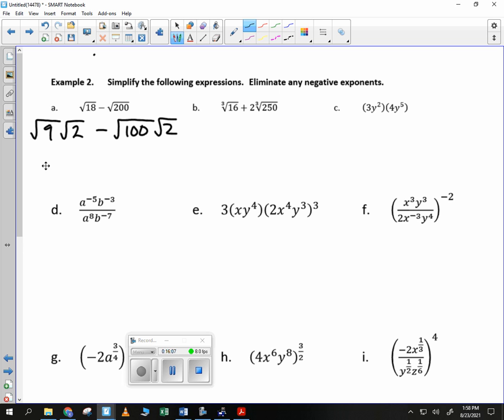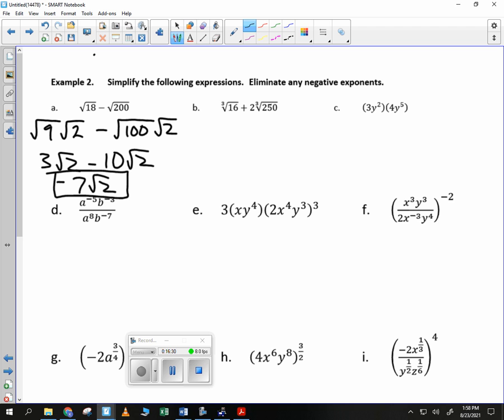Good. 2 and 100. Square root of 9 is 3, so I have 3 roots of 2 minus 10 roots of 2. Now what is 3 roots of 2 minus 10 roots of 2? Negative 7 roots of 2.